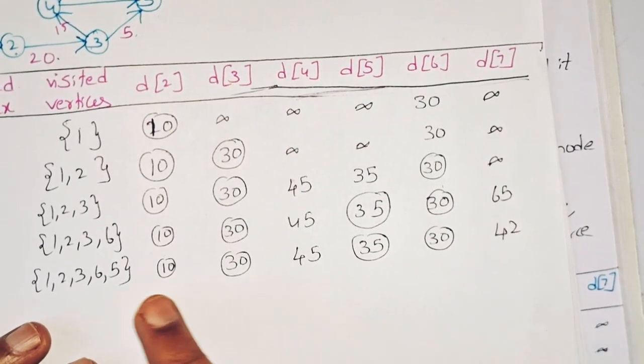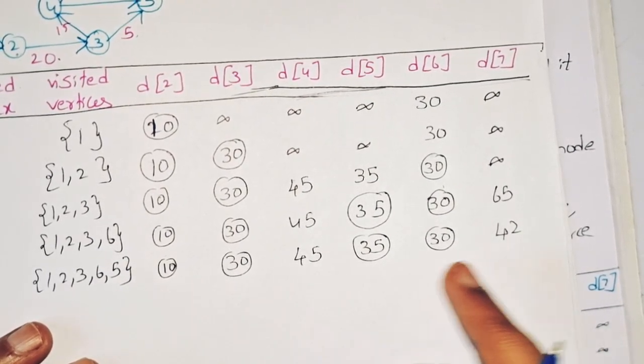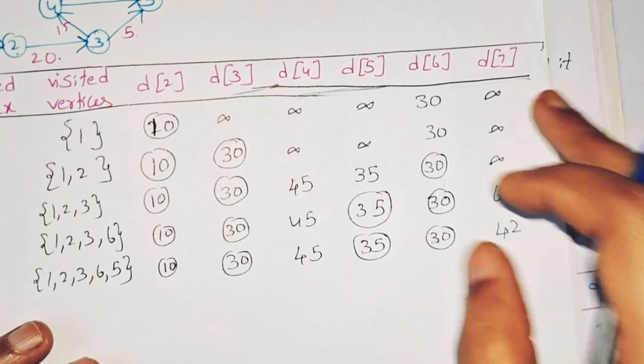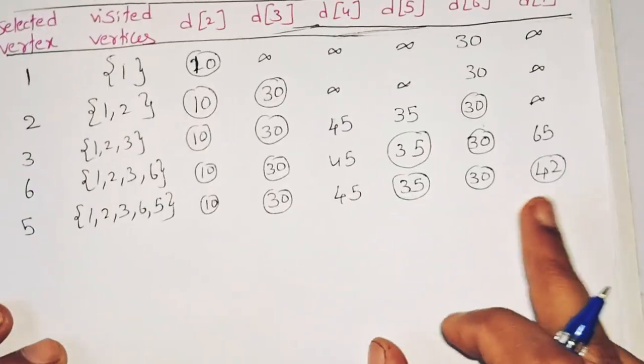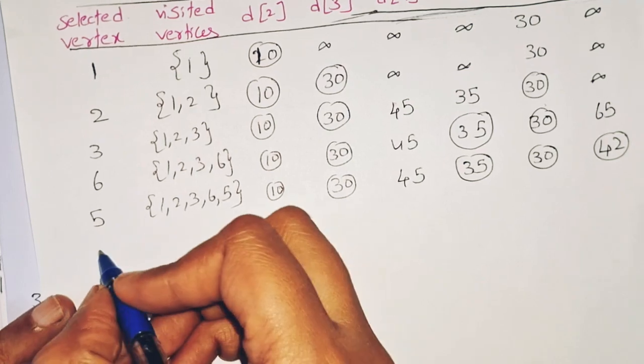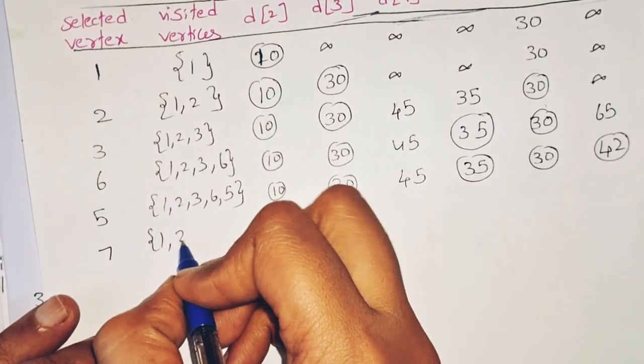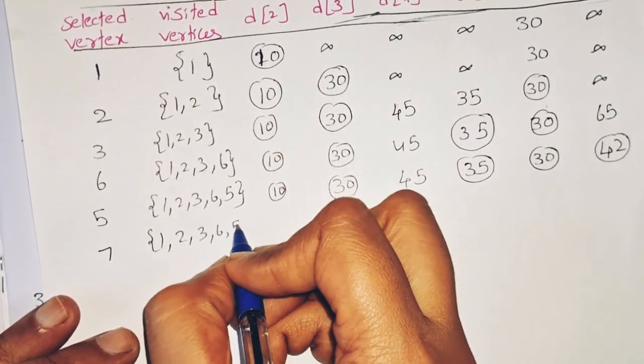Now among the given nodes here, which is the smaller one? Node 7 is smaller, so we will select the minimum cost here. So now node 7. The visited vertices are 1, 2, 3, 6, 5 and 7.